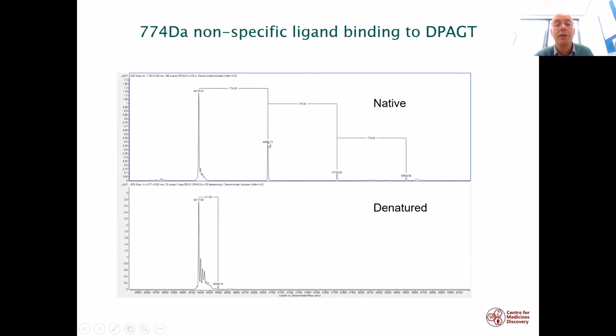So we have this addition of 1 molecule to 3 molecules on the same target protein. What that means is that this is a non-specific interaction, and that can be very useful to know that it's maybe not biologically relevant, it's certainly not going to be a useful drug target because it's non-specifically binding.